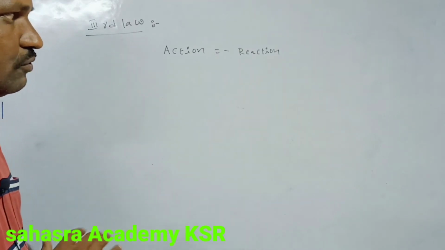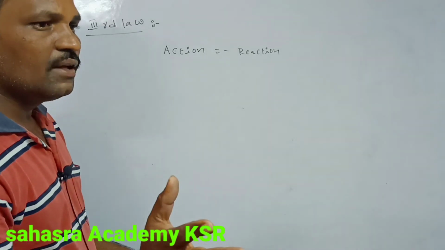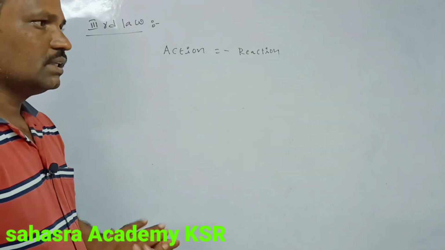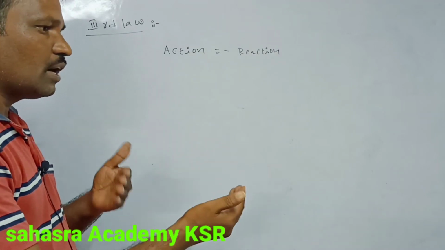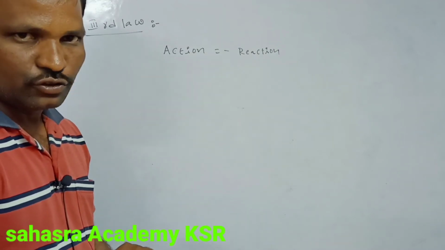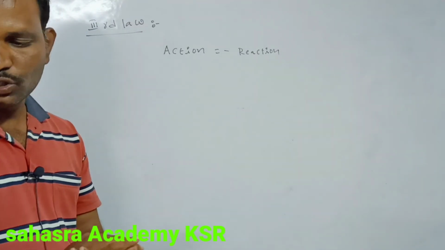An example of Newton's third law is, suppose you hit the wall with a ball, then the ball comes back. Hitting the wall with a ball is the action and the ball coming back is the reaction force. Both the action force and reaction force are equal.